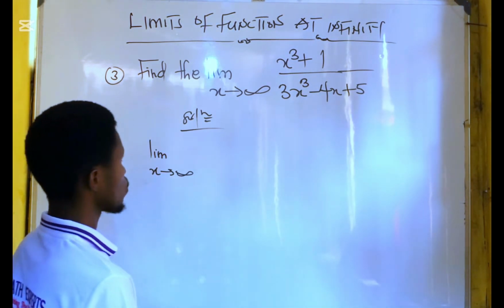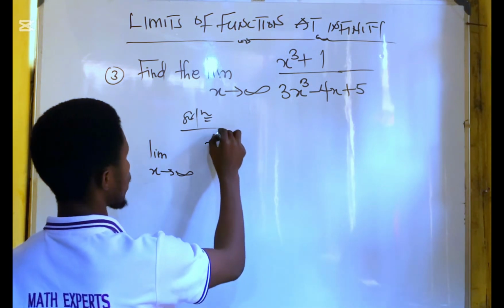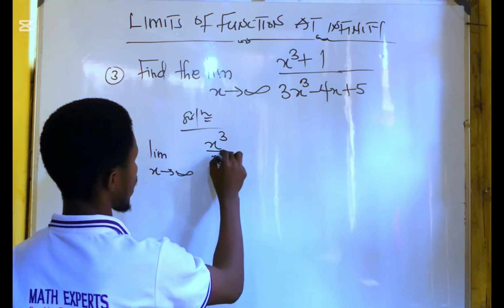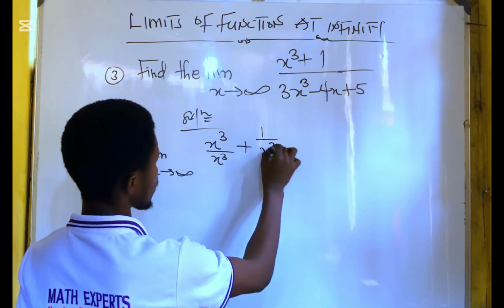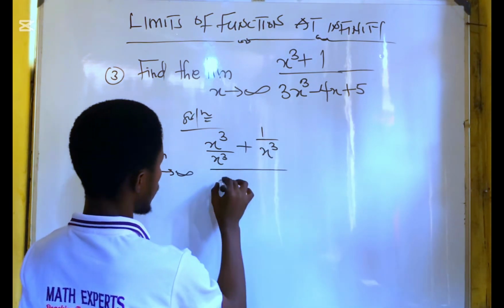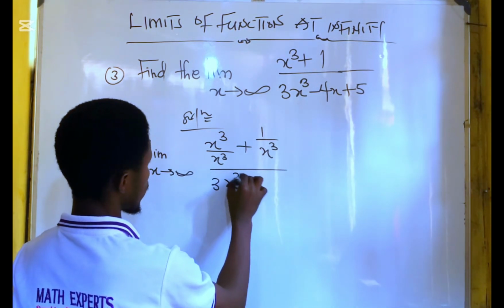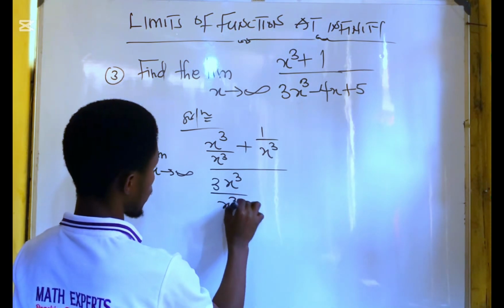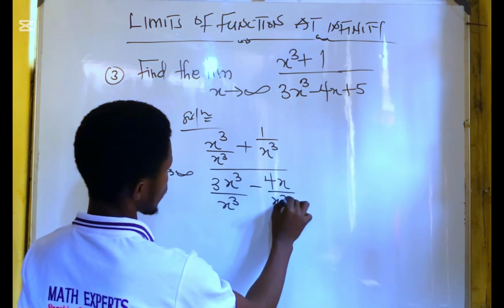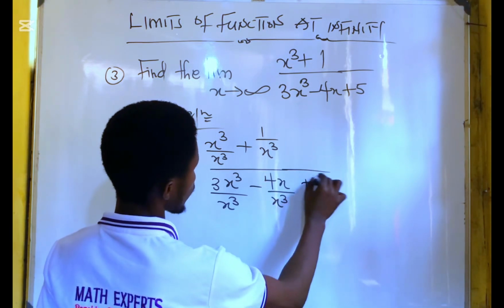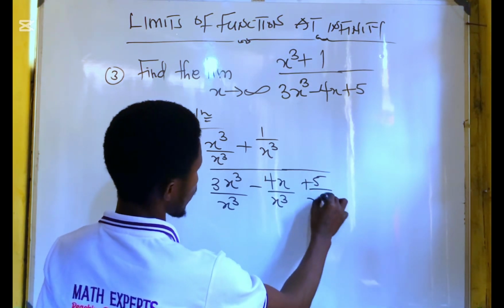So you divide through. Here will be x to the power 3 over x to the power 3, plus 1 over x to the power 3, all divided by 3x cubed over x to the power 3 minus 4x over x to the power 3 plus 5 over x to the power 3.